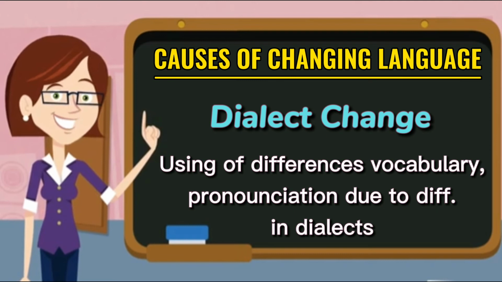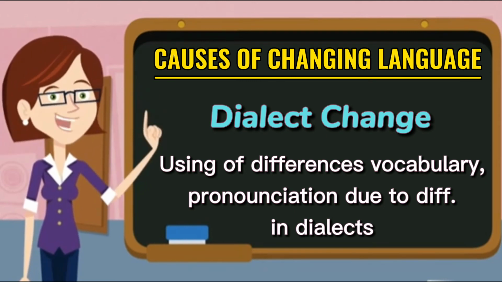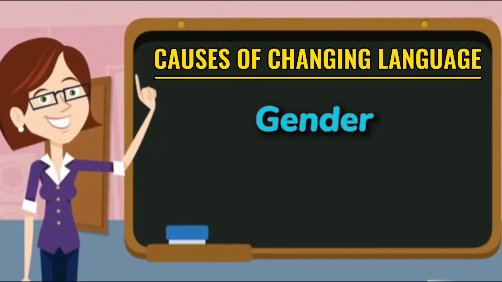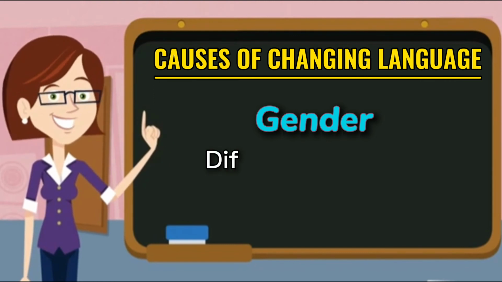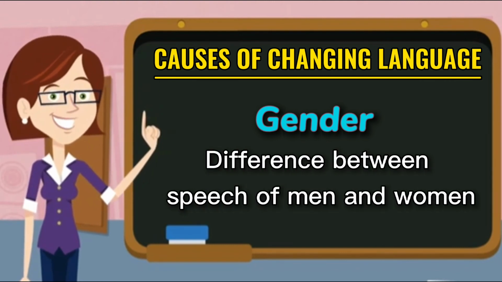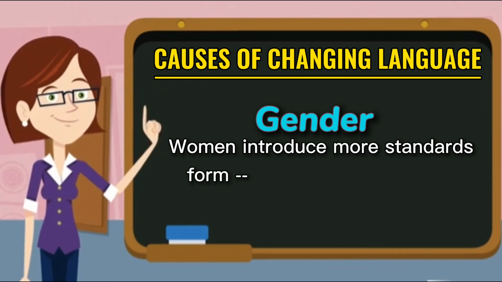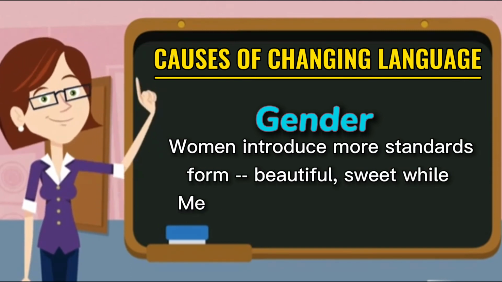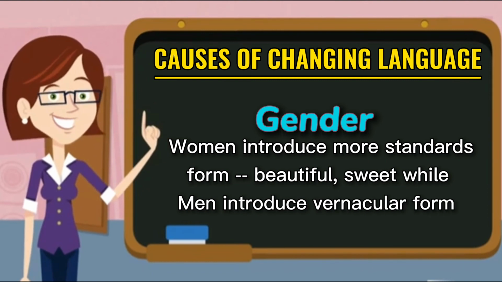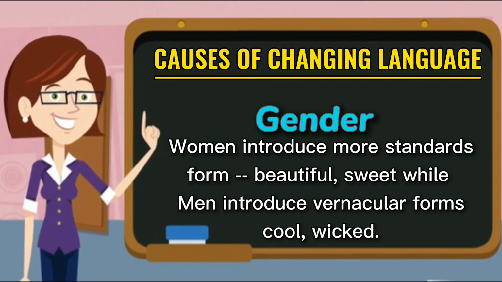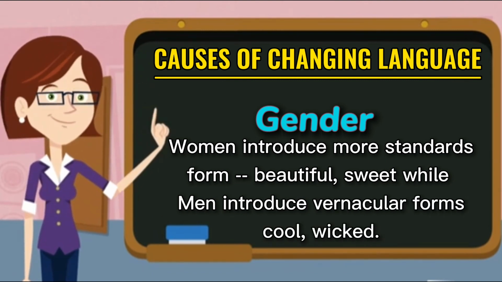Example, autumn, fall, lift, elevator. Gender. Difference between the speech of men and women. Women introduce more standard forms, beautiful, sweet, while men introduce vernacular forms, cool, and weak.